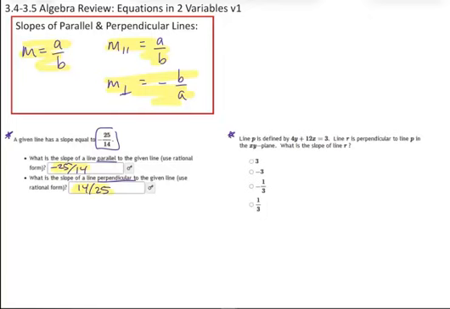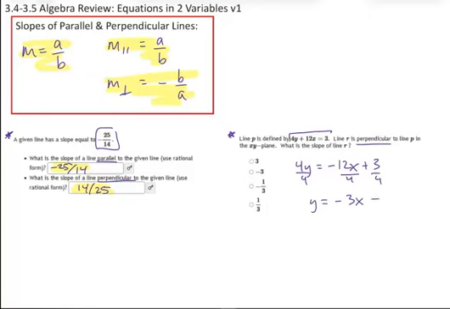The second question, in order to answer this, again, you're finding the slope of a line perpendicular to the given line. Since it gives us an equation, we want to solve for y, put it into slope-intercept form. So we subtract 12x from both sides, leave the constant where it is, leave the 4y where it is, and then divide each individual term by 4.